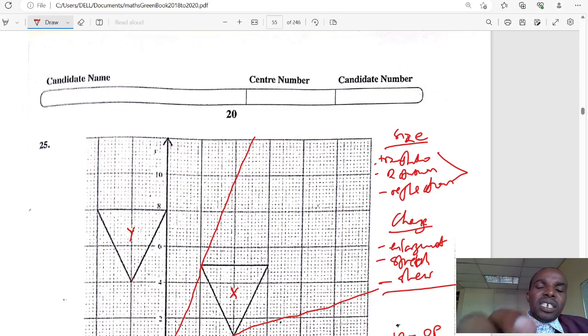Right, then you are supposed to now draw the image of this one. So what you do now is you say scale factor is supposed to be twice. So you can use distance of image from center over distance of original point from center is equal to scale factor. In that case, it will make more sense, right?